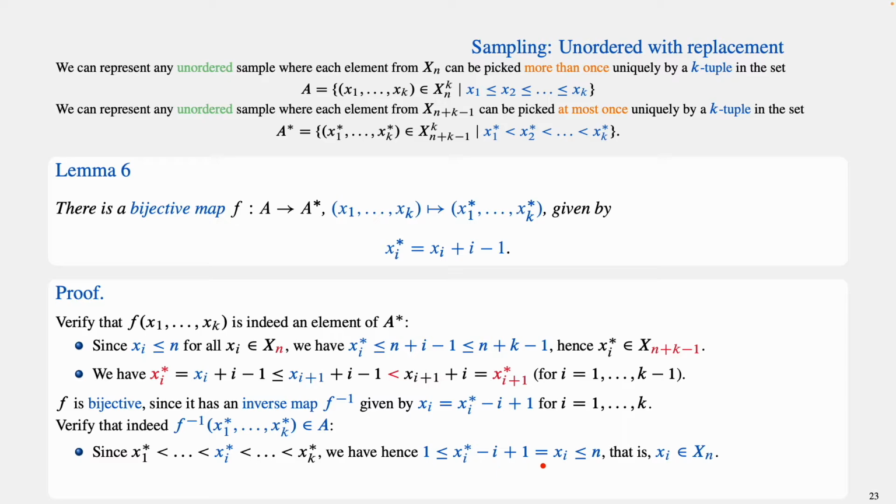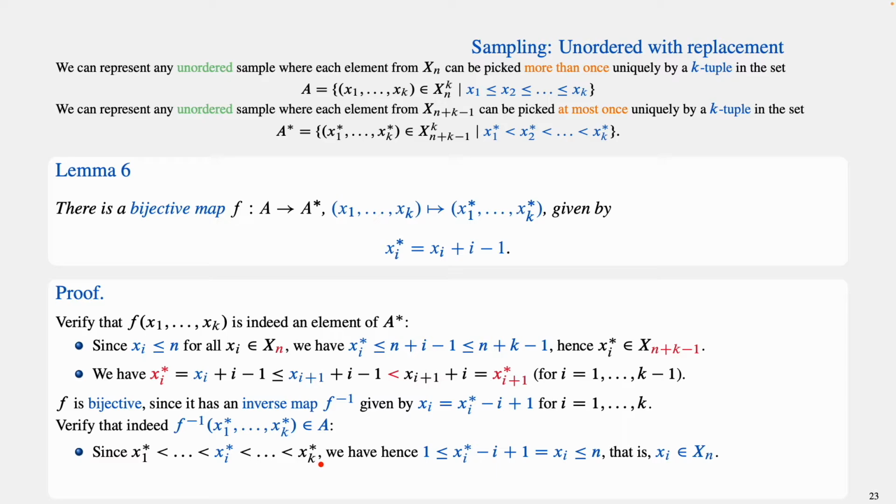And by a similar argument, we can reason that this expression here is less or equal to n, because there are k minus I elements between xi star and xk star, each of them being strictly greater than the previous one. So xk star is at least by k minus I greater than xi star. And on the other hand, coming from the set xn plus k minus 1, xk star is less or equal to n plus k minus 1.